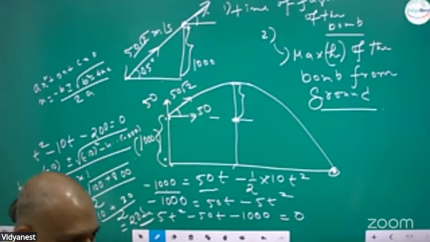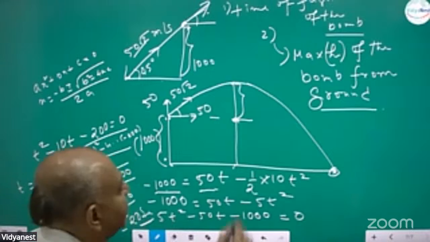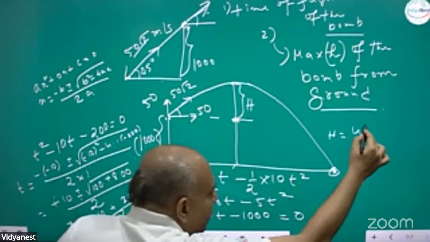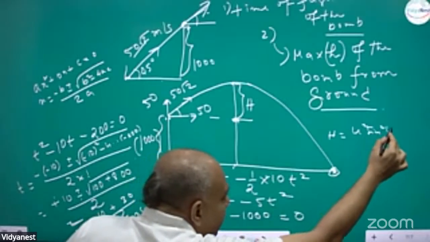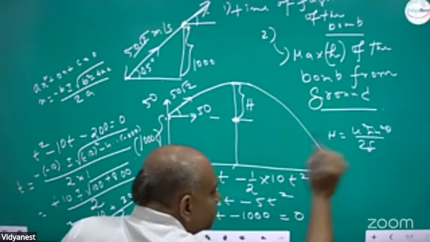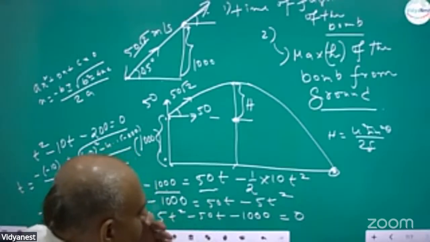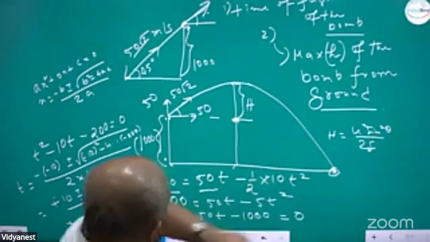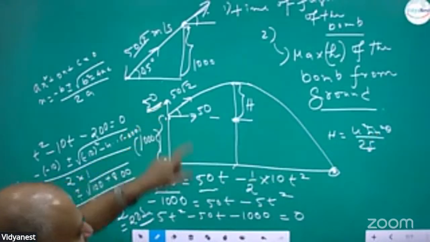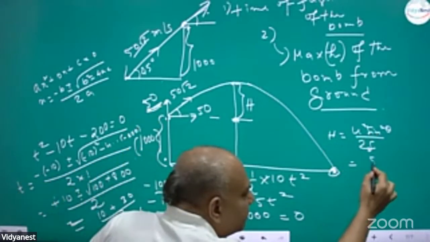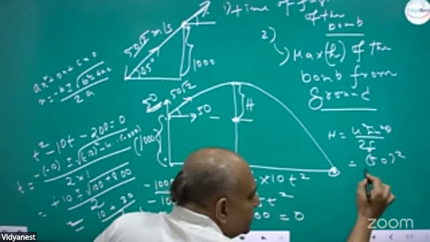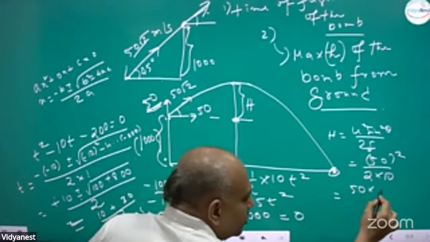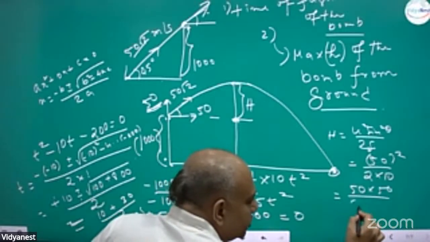Okay, sir. If this height is h, we can write U square sine square theta divided by 2g. And U sine theta, whole square. U sine theta is what? 50. Yes, sir. 50 whole square divided by 2 into g, meaning 10, so 50 into 50 by 2 into 10.